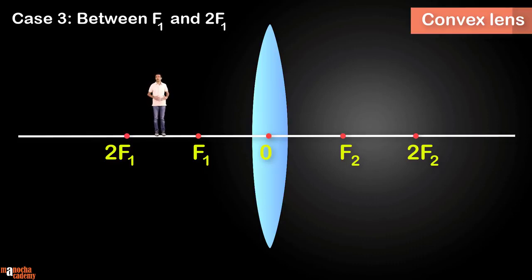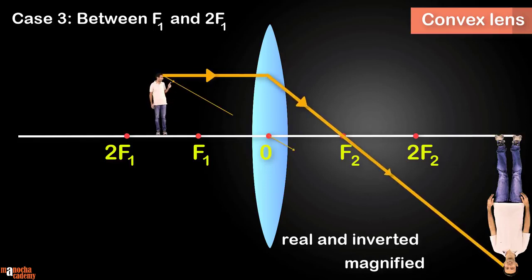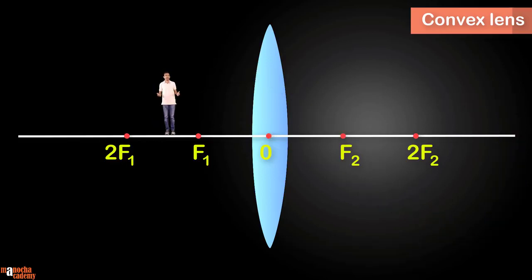Also write down the properties of the image formed. So what's the nature of the image you got? That's right. The correct answer is it's a real and inverted image that's magnified. Here's the ray diagram, and as you can see, the position of the image is beyond 2f2.